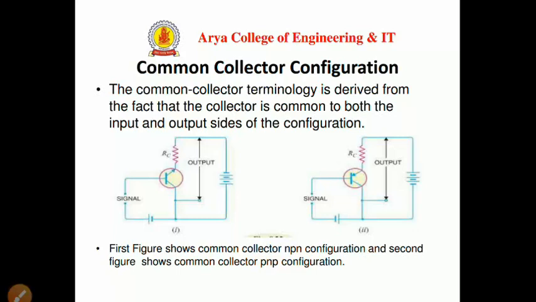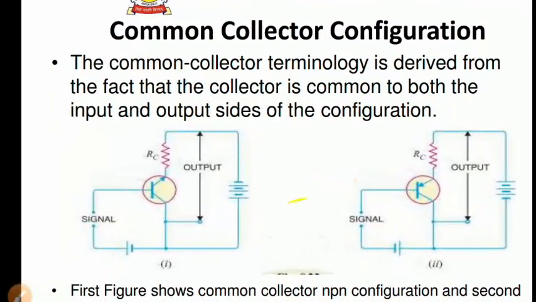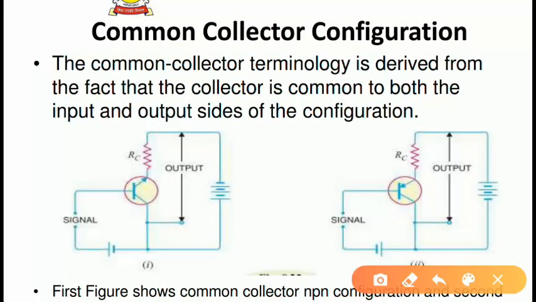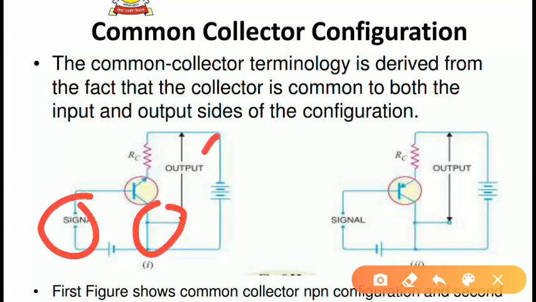As its name suggests, the common terminal is collector. So in this figure you can see that there is a collector terminal which is common to both input and output terminal. Clear?